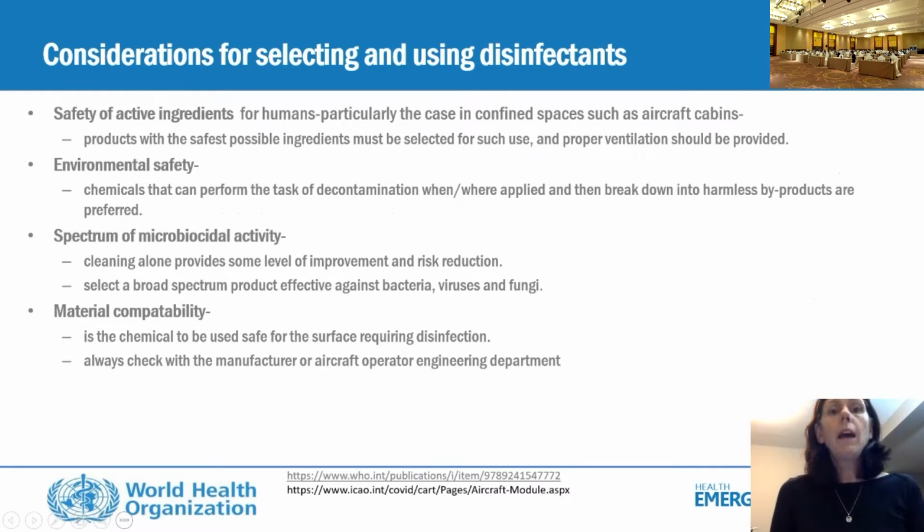So when we are selecting a disinfectant for use on an aircraft, there are a number of things that you want to consider in choosing that specific product. And I'm just going to briefly walk you through those considerations. So first and foremost, you want to think about the safety of the ingredient that is actively the disinfectant that is being used in the product, and ensure that it's safe for interaction with humans.